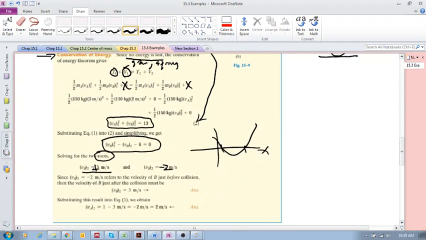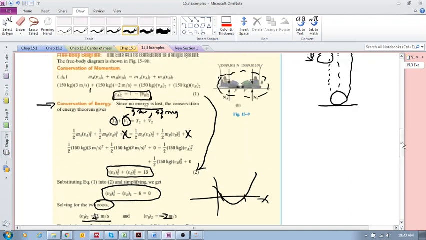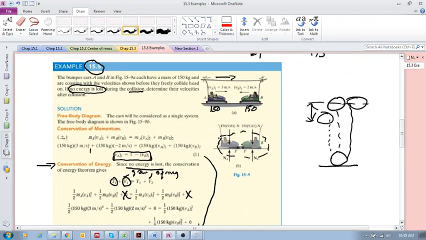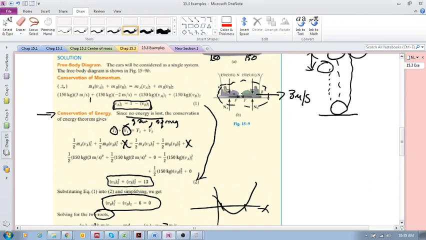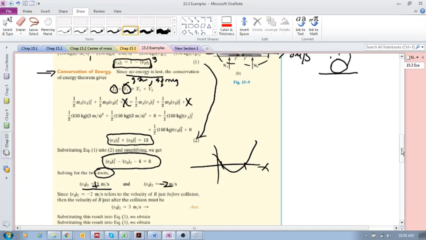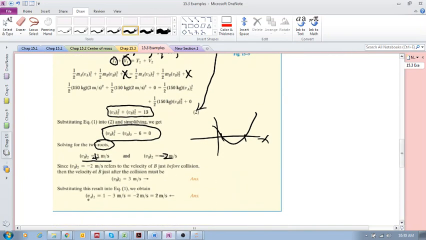So this plus 3 must be the velocity with which B rebounds, going at 3 meters per second. Now what about A? If we've got vB2, which is 3, we plug the 3 in there, and we get vA2 is minus 2 meters per second.